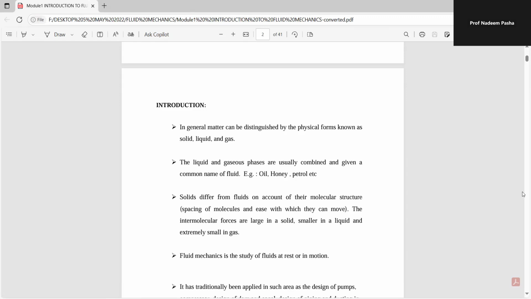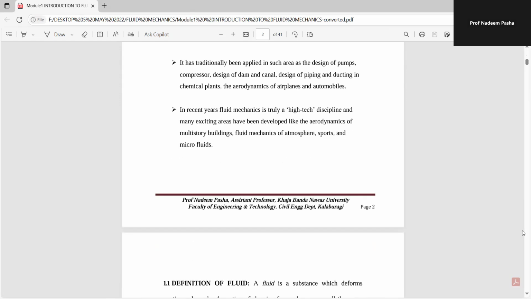So fluid mechanics studies fluids at rest as well as in motion. It has traditionally been applied in such areas as design of pumps, compressors, design of dams and canals, design of piping and ducting in chemical plants, and the aerodynamics of aeroplanes and automobiles.